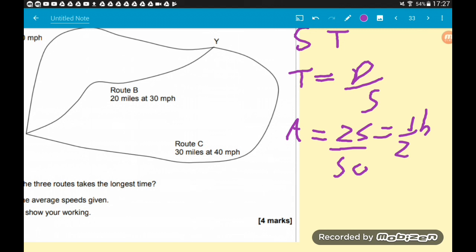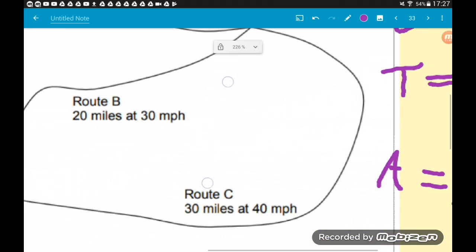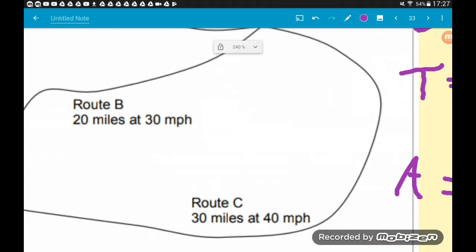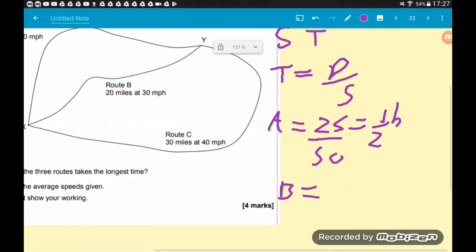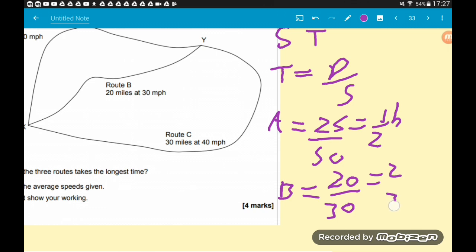If we go along route B, we get route B is 20 miles at 30 miles an hour. So that is 20 divided by 30, which is 2/3 of an hour.